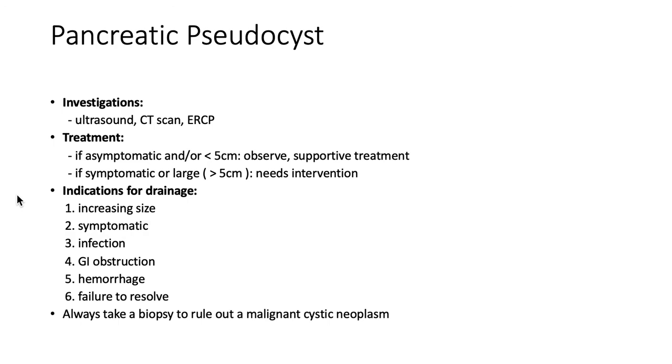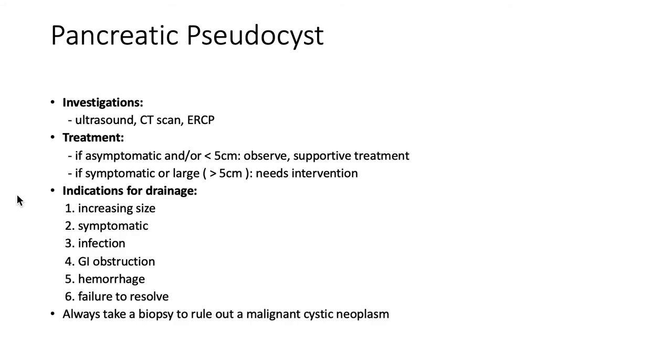However, not all pseudocysts are treated surgically or by intervention. If they are asymptomatic or less than 5 centimeters, you only need supportive treatment, which is similar to the treatment of acute pancreatitis. However, if it's massive and producing symptoms, then it needs to be drained by endoscopy, the ERCP.